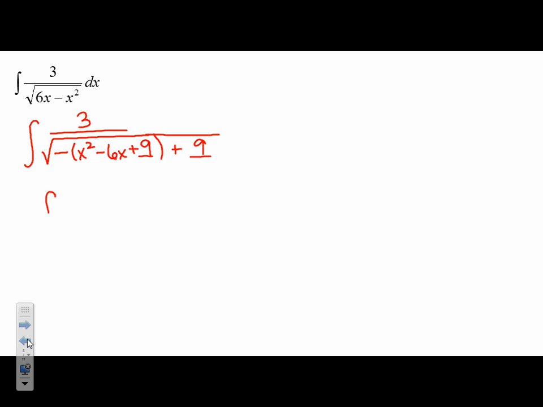Which means we need to subtract -9. So what we really have is 3 over the square root of 9 minus x minus 3, the quantity squared. Does everyone see how I got there? All I did is I took this 9 and put it first, minus what we did to complete the square.